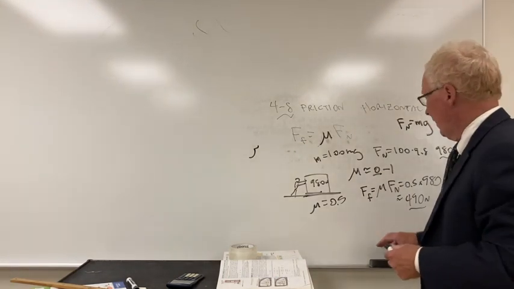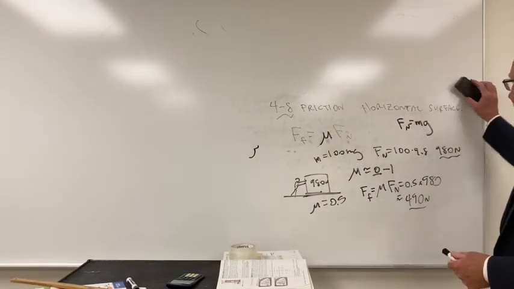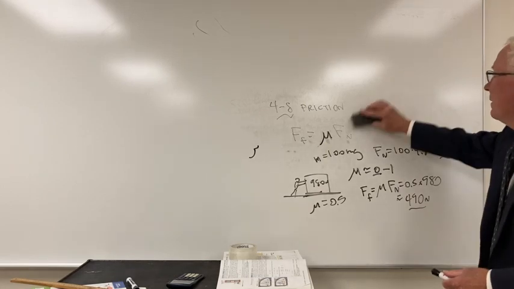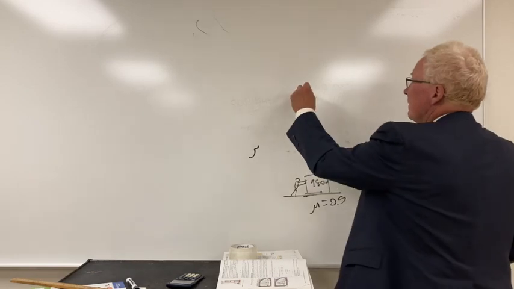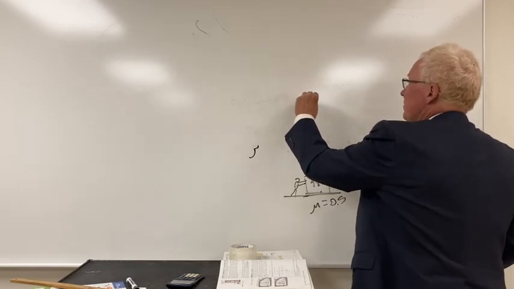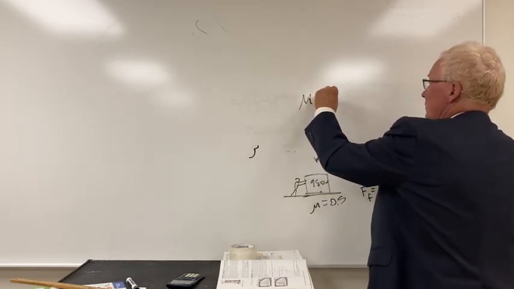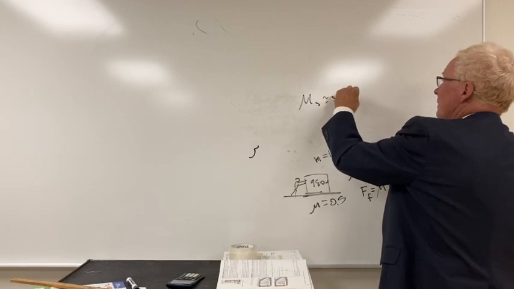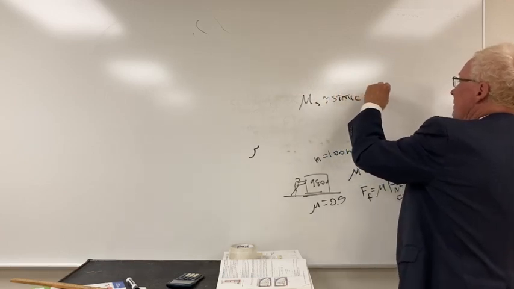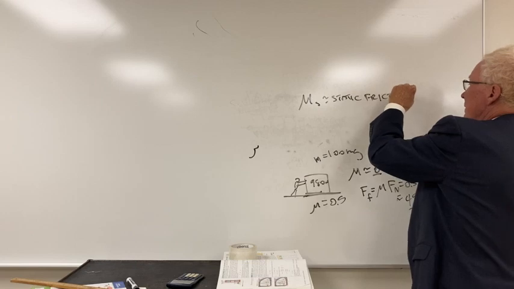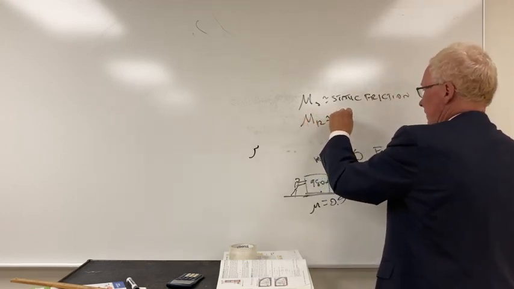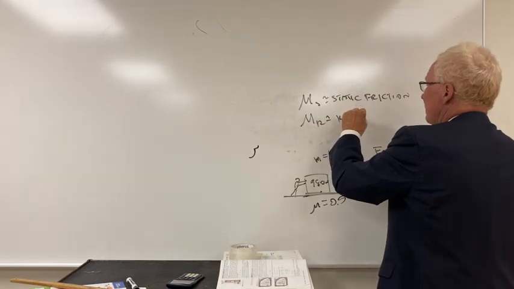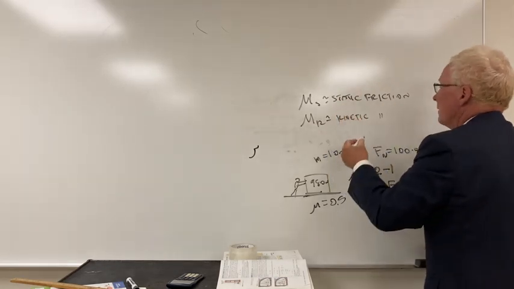So in the table, we have mu s, which is static friction, and mu k, which is kinetic friction.